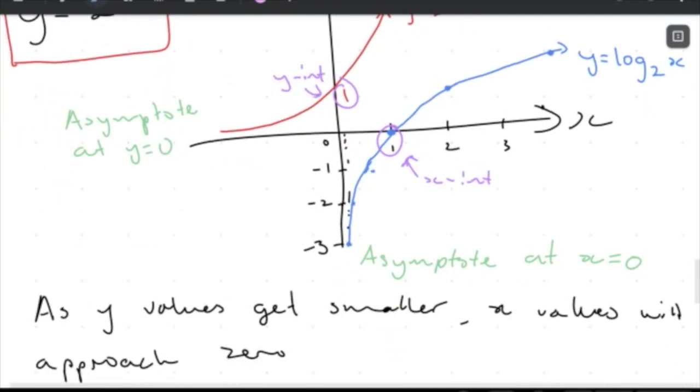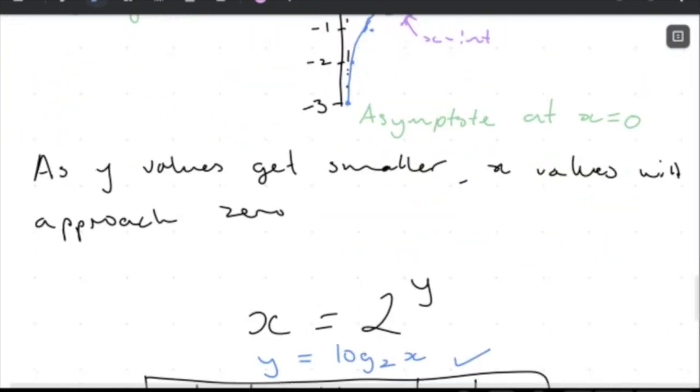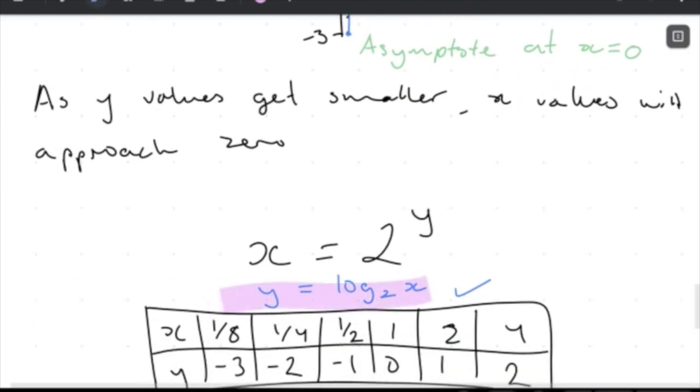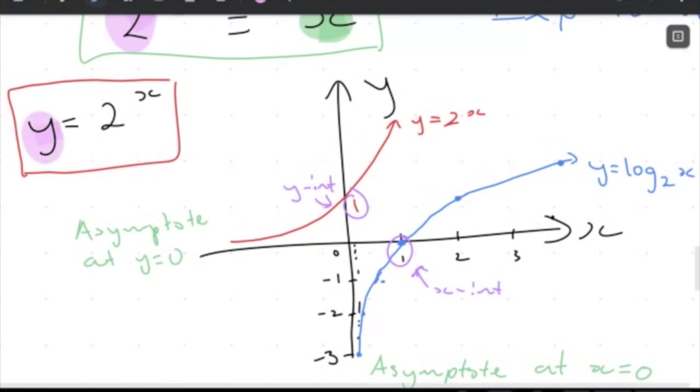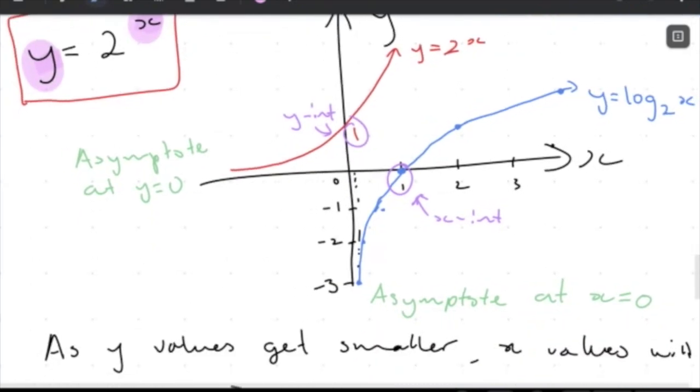And with my log, y equals log to the base 2 of x, we can rewrite that in exponential form as x equals 2 to the power of y, in which the x and the y are flipped over, they change positions from over here. And the graphs actually look like they're opposite in every way.